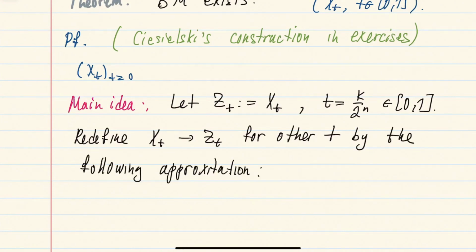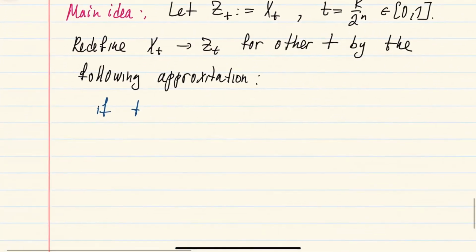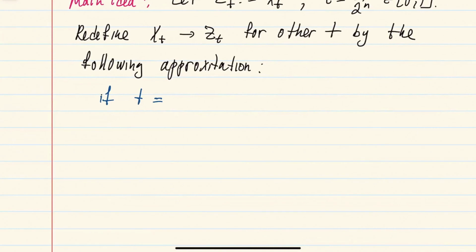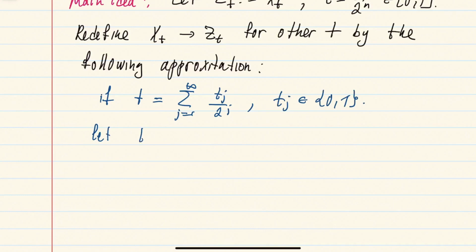So namely, if you take some t, now it will be convenient here to write this dyadic approximation starting from just a dyadic expansion of this number t. So if you represent this number t using its dyadic expansion, as this series where each coefficient t_j is either 0 or 1, then we'll denote t_n to be the dyadic of the form k over 2 to the n which is below t, the closest one below.